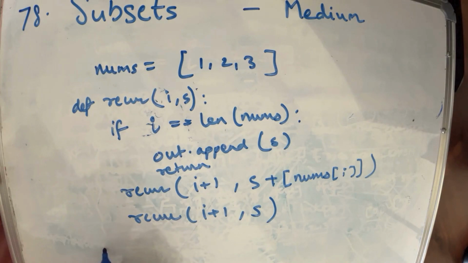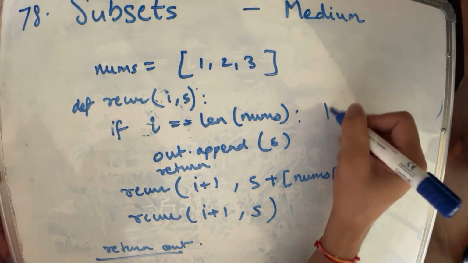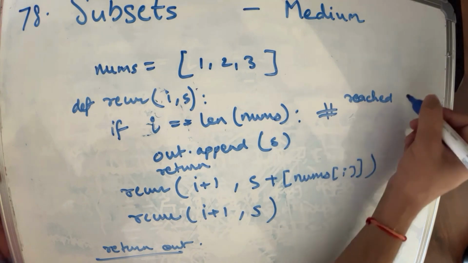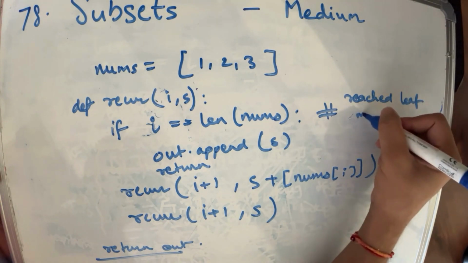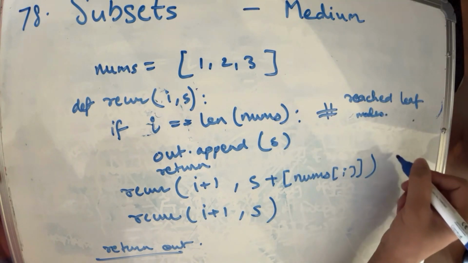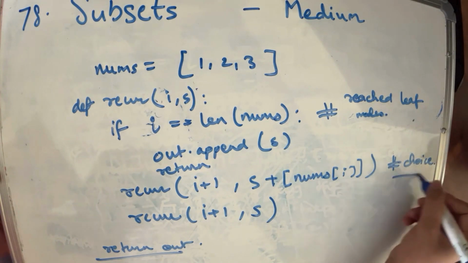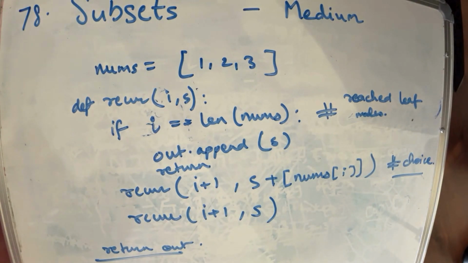Then our answer will be to return out. This will make all the subsets. This will be our reached leaf nodes, and this will be our choice.